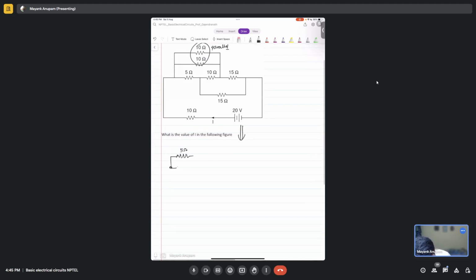Fine. And then again we have 5 ohms here, and then we have 10 ohms here, and then this is connected with this here. We have another 15 ohms.